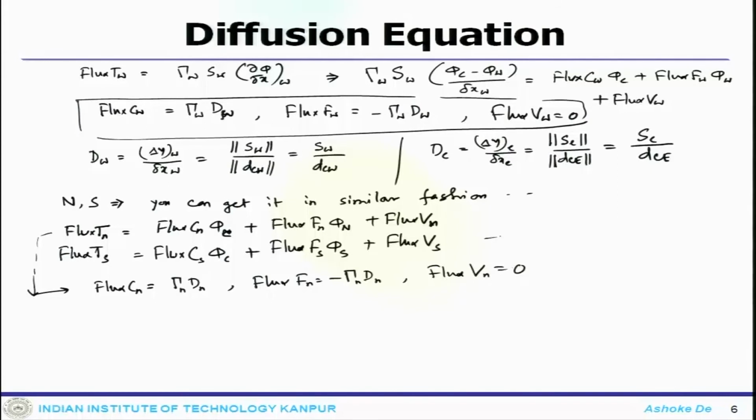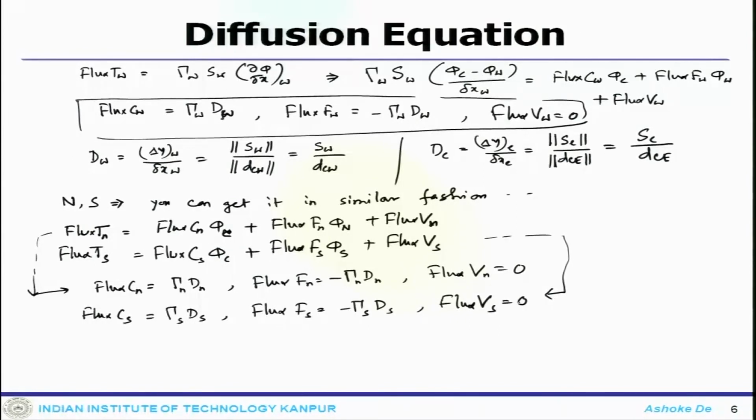And similarly, for this case we get flux C s is gamma s d s, flux F s equals minus gamma s d s, and flux V s equals 0.